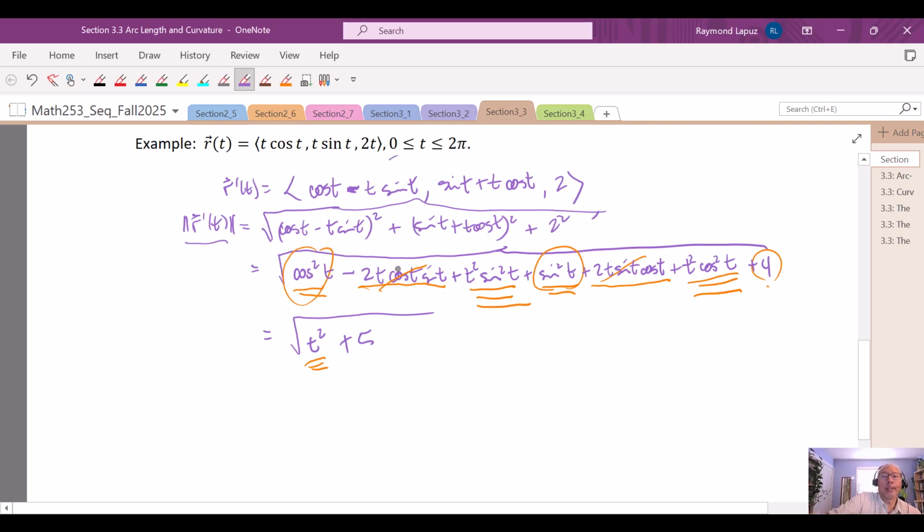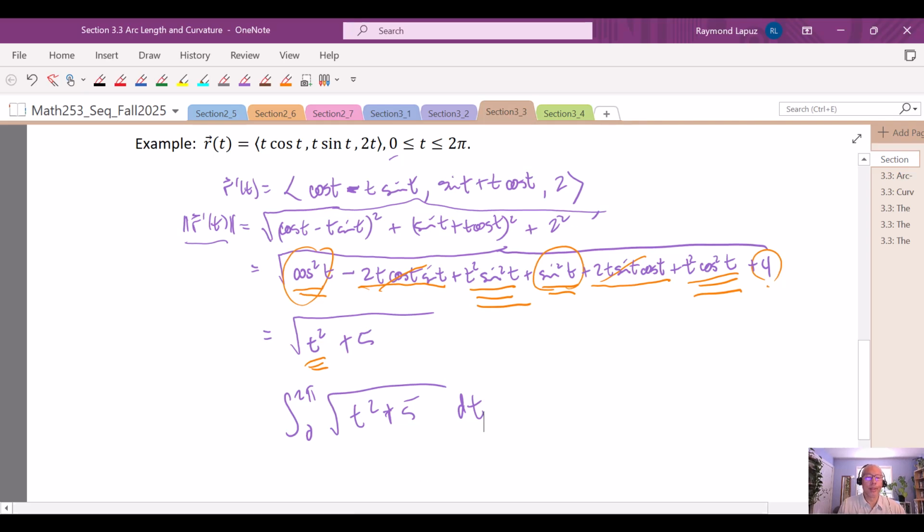Now we're going to integrate this from 0 to 2 pi, and then we're going to say the square root of t squared plus 5 dt. So it seems like a simple integral. It turns out that it's not that simple. You would need to do some sort of trig substitution, and then after trig substitution you'll involve some secants and all kinds of other functions and stuff like that.